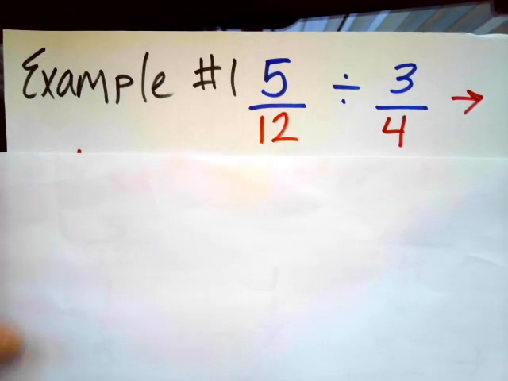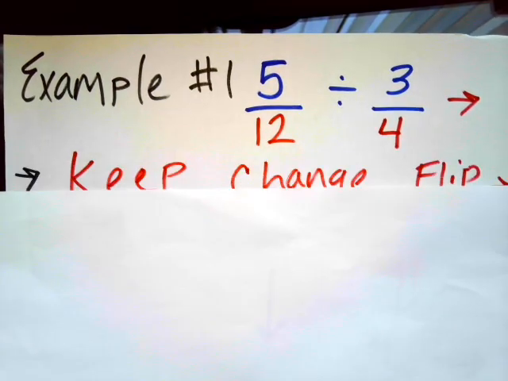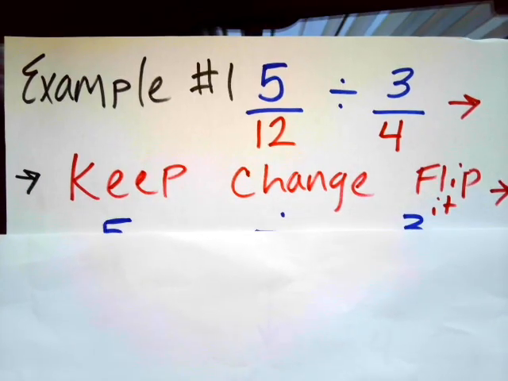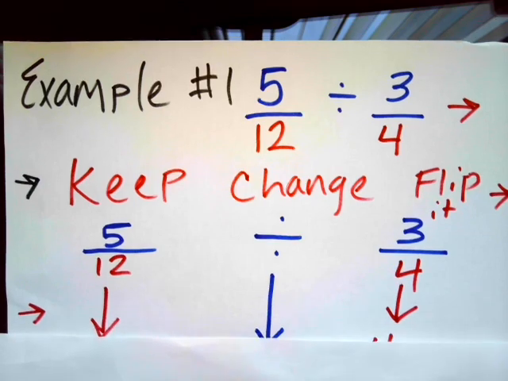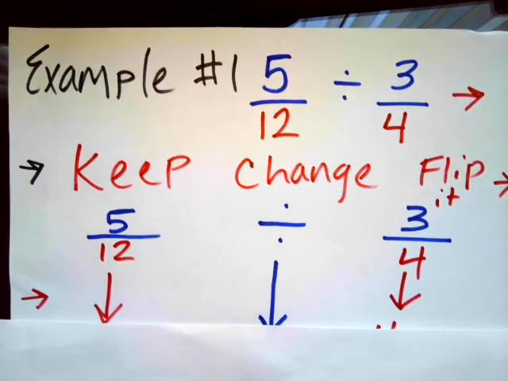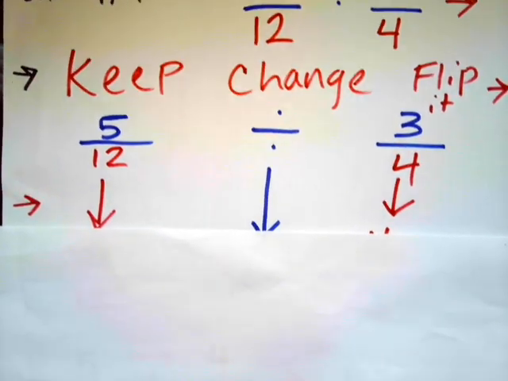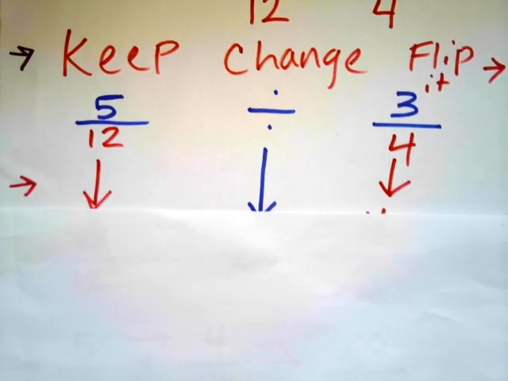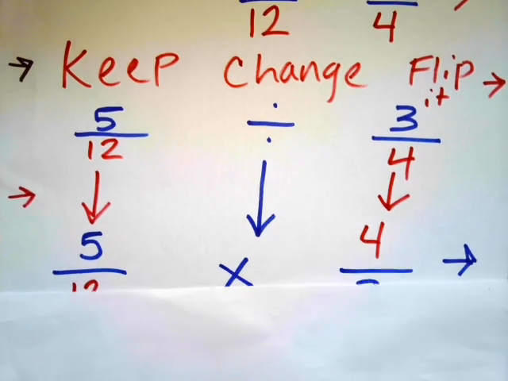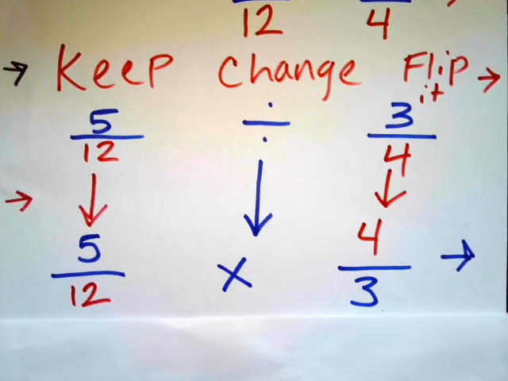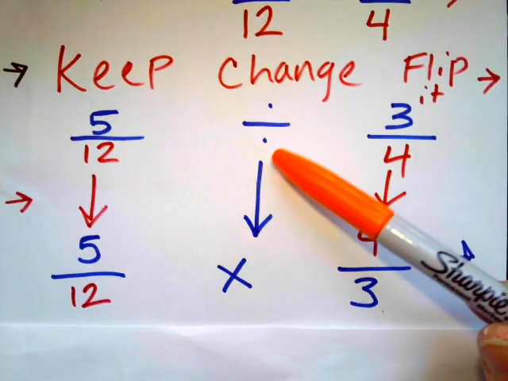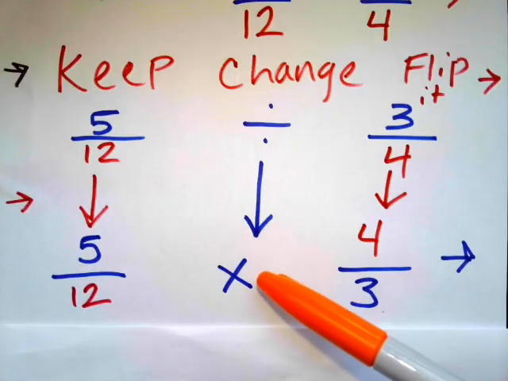Let's take a look. Keep, change, and flip it. So that is the strategy we're going to use. Let me show you what it looks like after you keep, change, and flip it. Keep it 5/12. Change that division to multiplication.